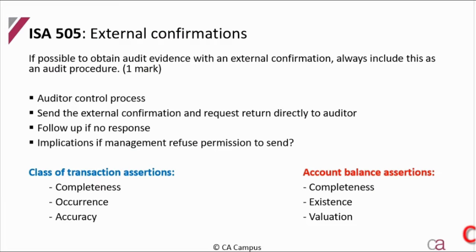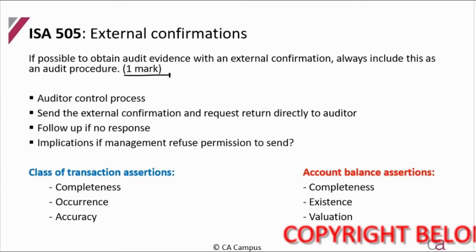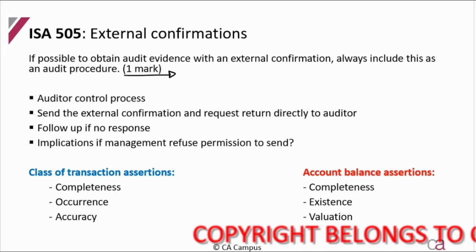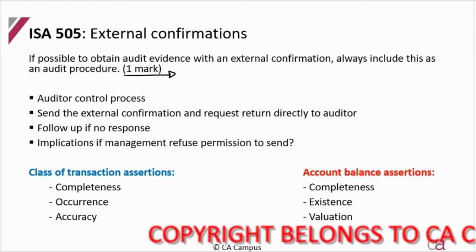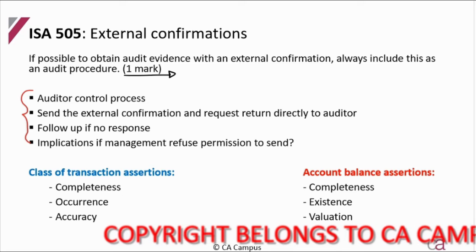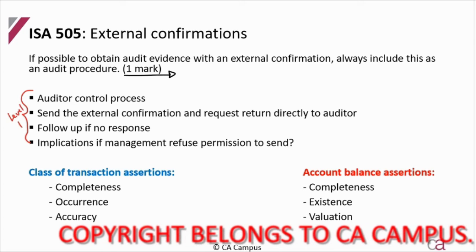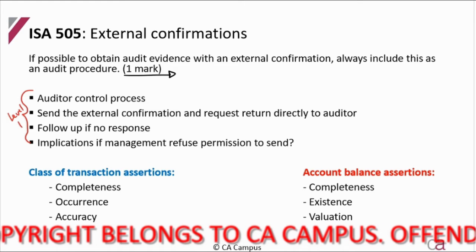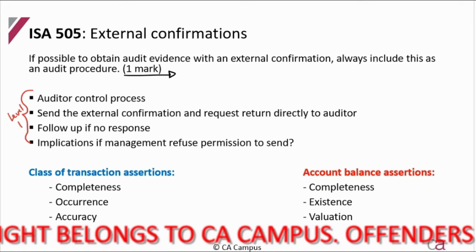So I've just said, if it's possible to obtain an external confirmation, then always include it as one procedure to get 1 mark for it. Okay, just so that you understand the process, because for the level 1s, sometimes they actually like to test, do you know the theory of how you go about sending the external confirmation?